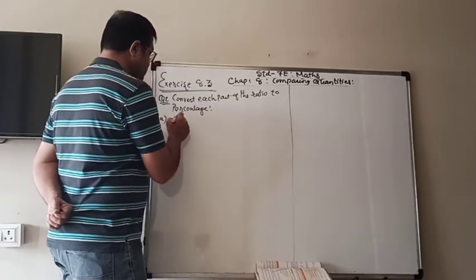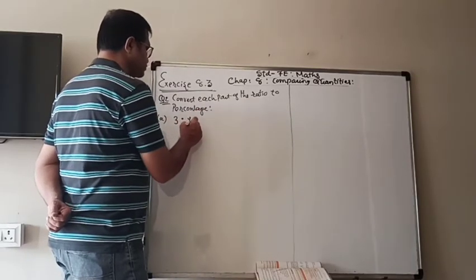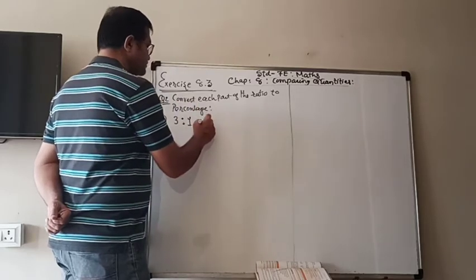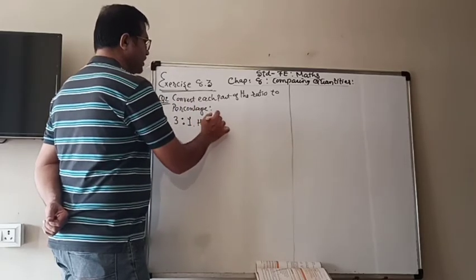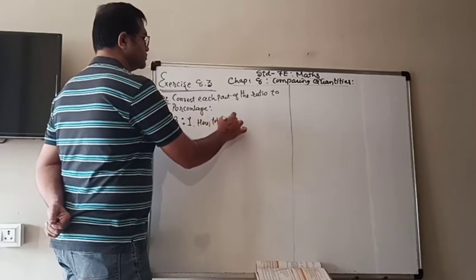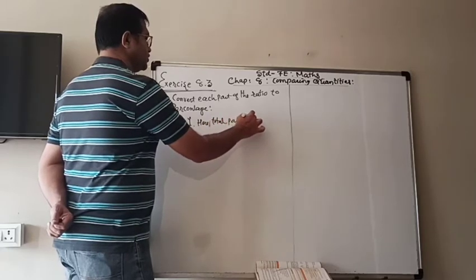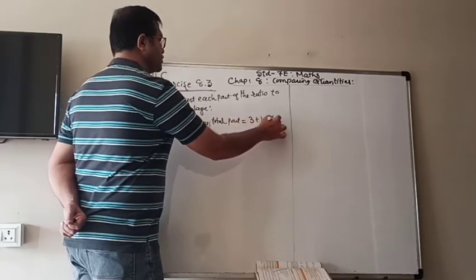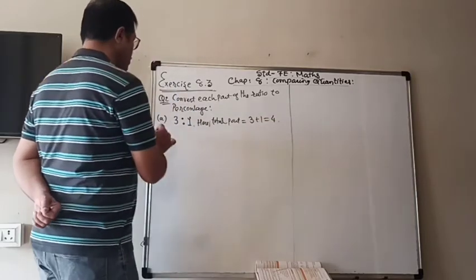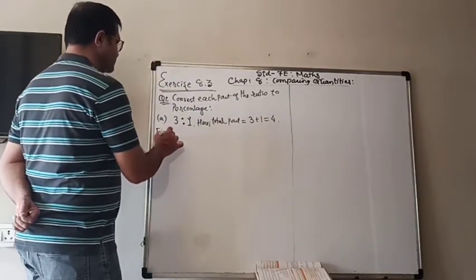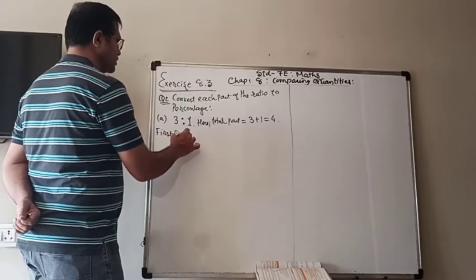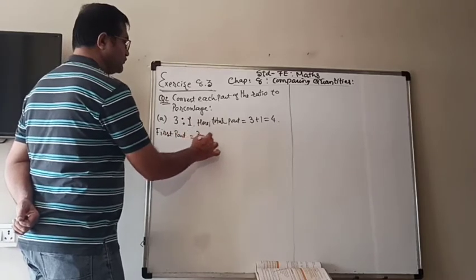First one is 3:1. So here total parts is equal to 3 plus 1, that is 4. So now the first part is 3 out of 4.